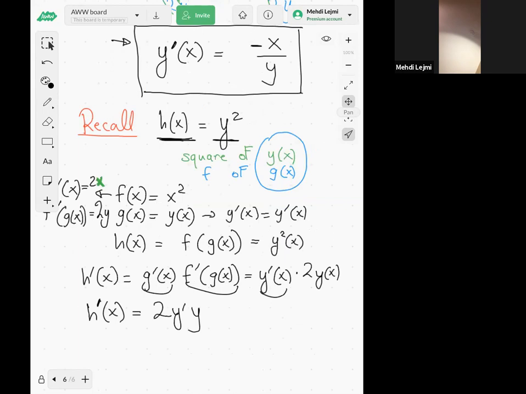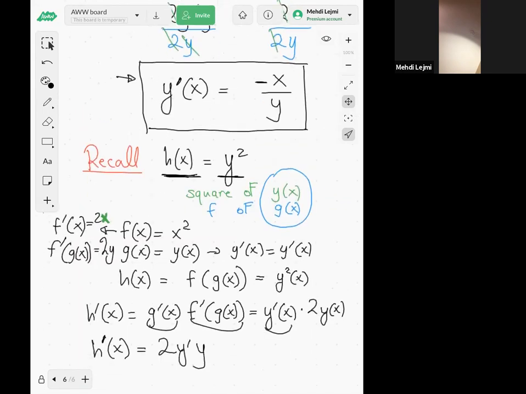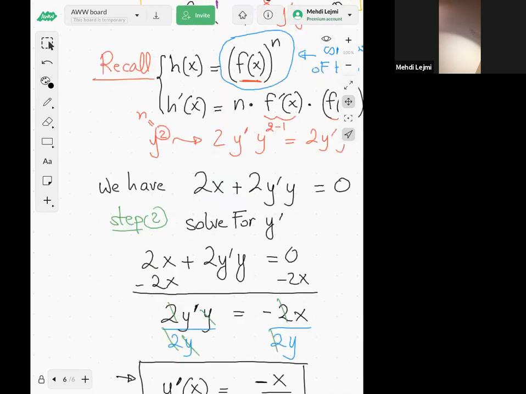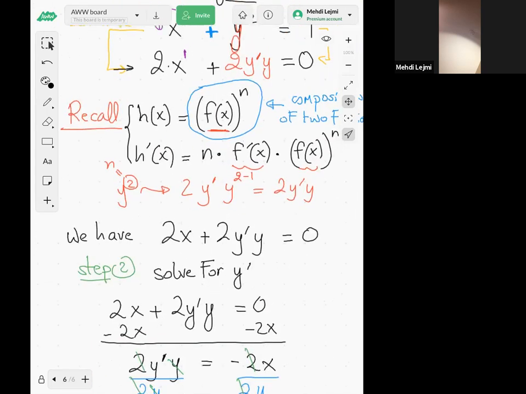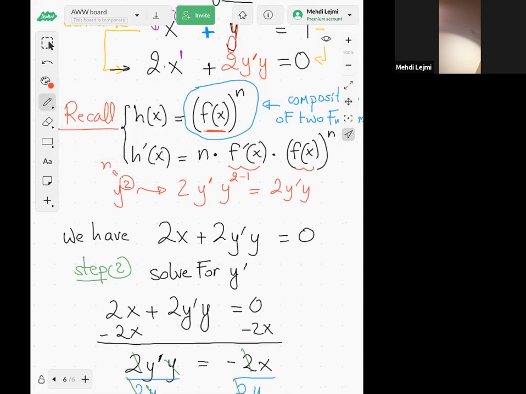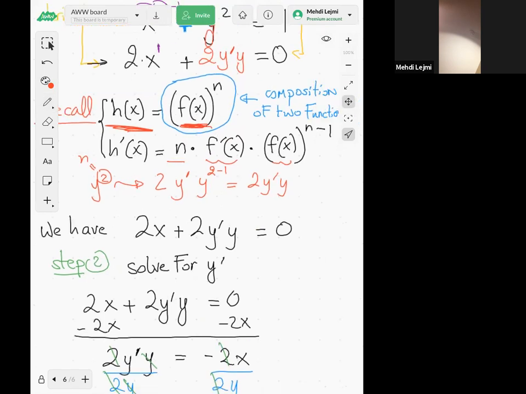So if you apply this rule, f of x to the power n, we said the derivative would be n f prime f to the power n minus 1, of course, right?